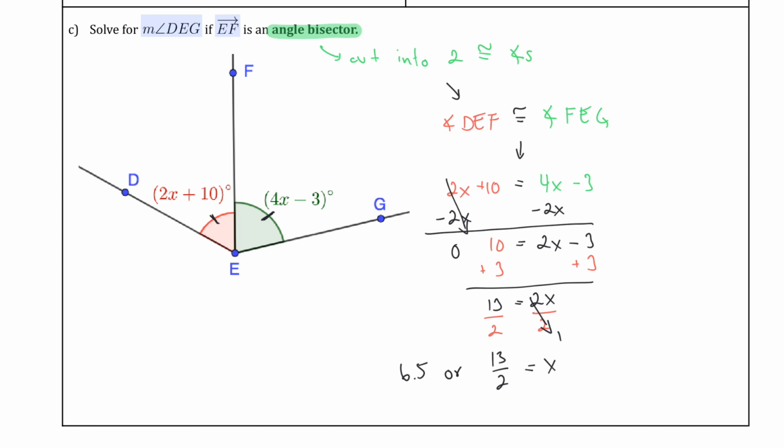Okay, but keep in mind that we are not technically done with this problem yet. We have to finish solving for the measure of angle DEG. So coming back to our algebraic expression earlier, the measure of angle DEG is actually equal to 2x plus 10.